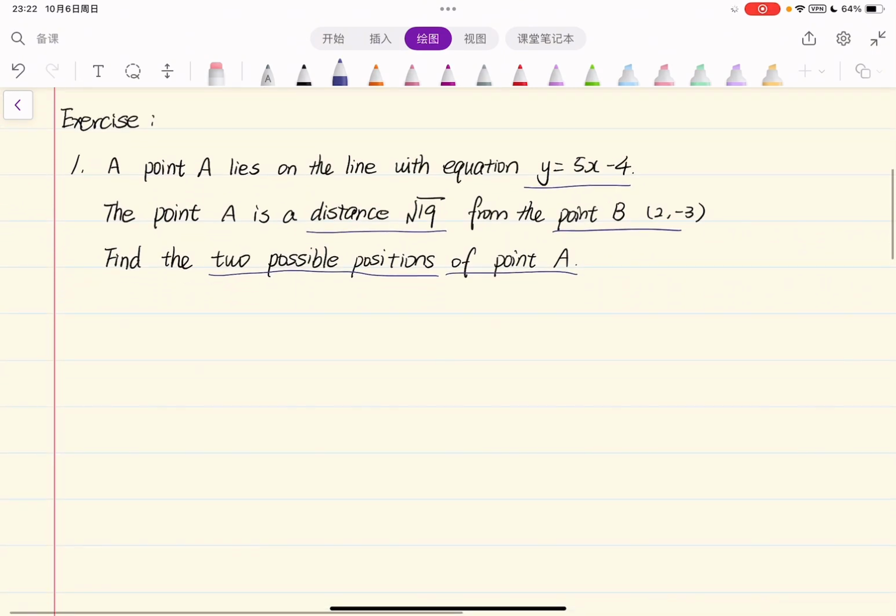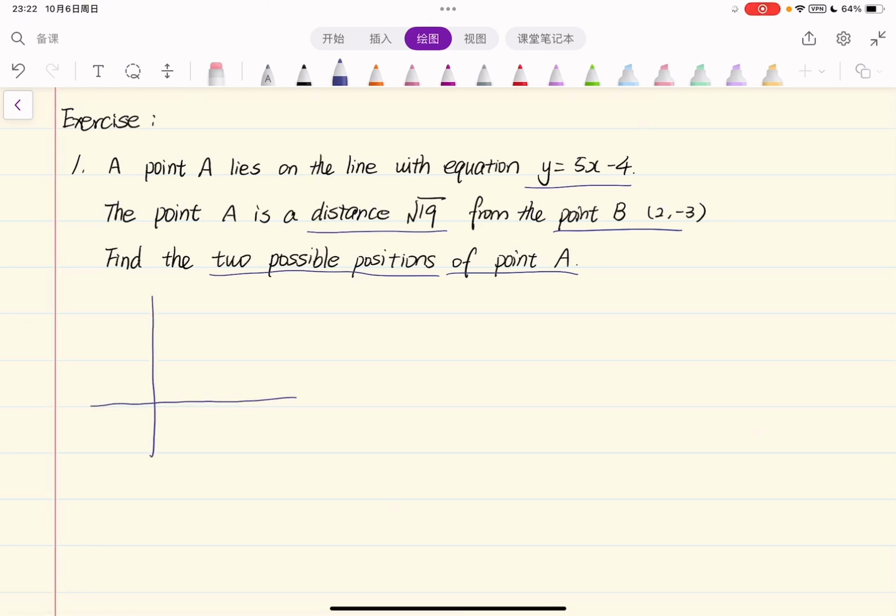So we can sketch a graph. We have the equation y equals to 5x minus 4, so the y-intercept is minus 4. Some sketch looks like that.